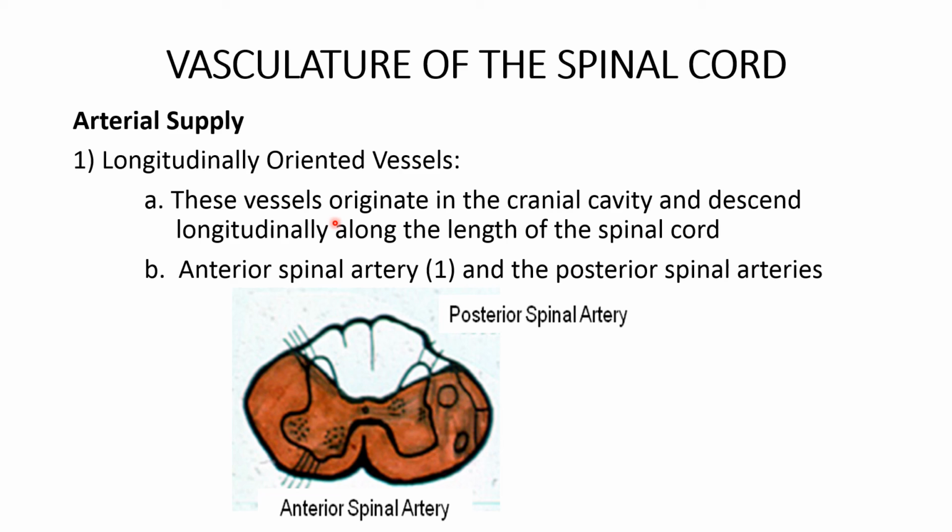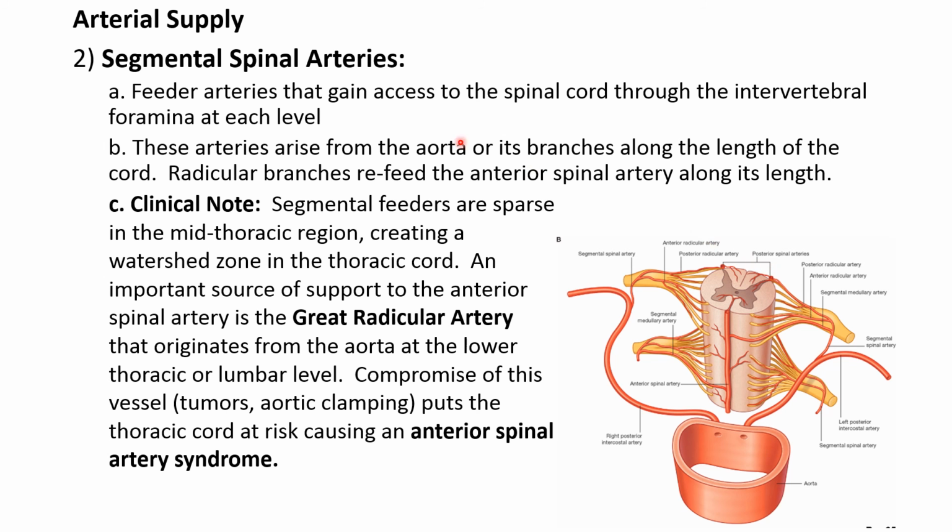These vessels originate in the cranial cavity and they descend longitudinally all along the length of the spinal cord. Those arteries are seen here, the anterior spinal artery and the posterior spinal arteries. Recognize that we've said they're fed from cerebral vessels, but those cerebral vessels are inadequate, particularly for the anterior spinal artery, to feed the lower portion of the spinal cord.